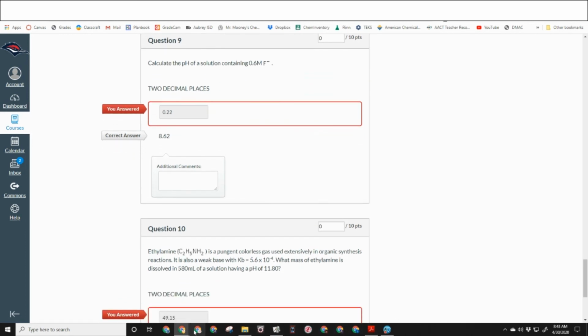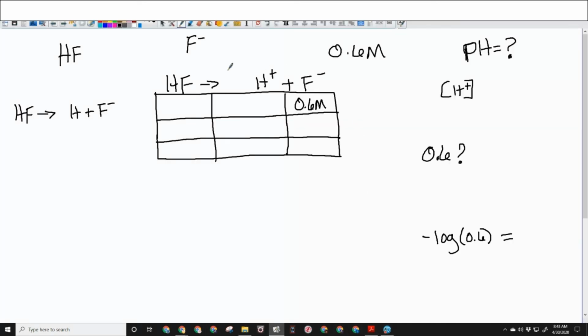All right. So the reason that this is wrong is because this does not dissociate 100%. This is not a strong acid. This is a weak acid. So when we write the equation here, we're assuming that this dissociates 100%. If it dissociates 100%, then this will be 0.6.